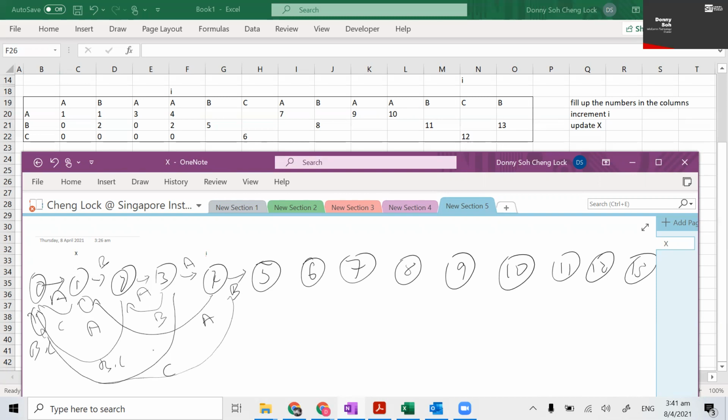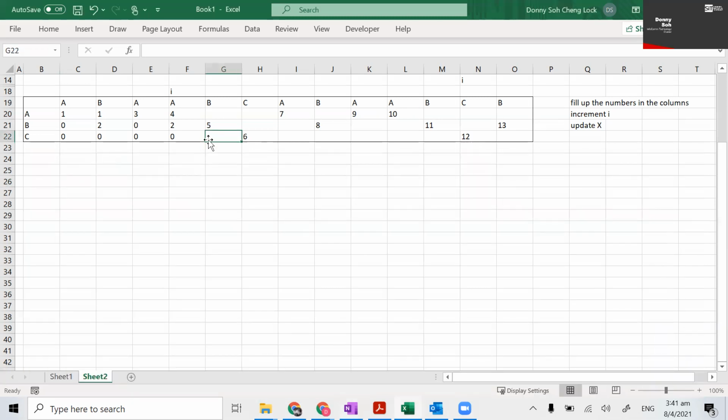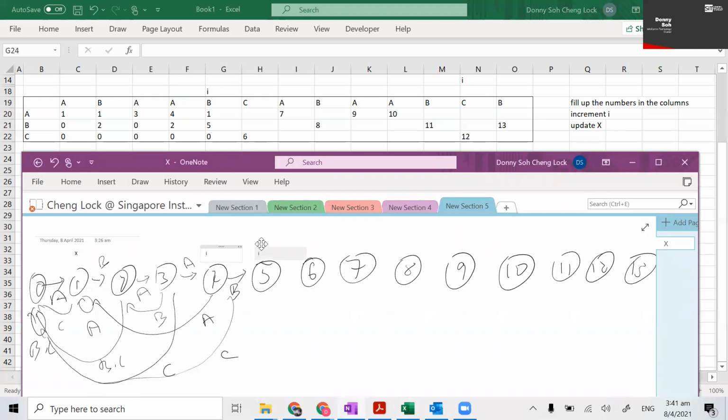So this will be C. So this will be 0. This will be state 1. Next thing is I update my I and I update my X. What will happen to X if I see a B? It will go to state 2.